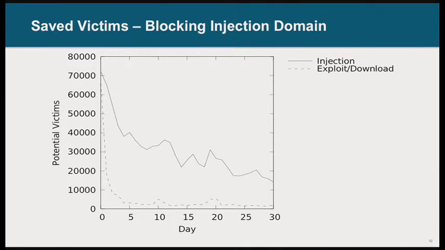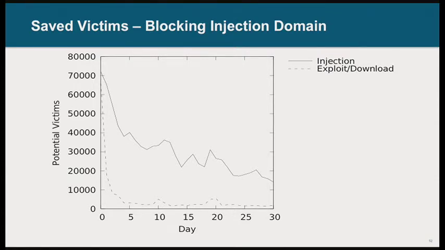We have the passive DNS of a large ISP, and we look for users looking up these domains. We call them potential victims because just because a user looks up an exploit domain or an injection domain does not mean that they were actually exploited, because they may not have a vulnerable system. In this case, the dotted line is the exploit and download domains, all the exploit and download domains we collected.